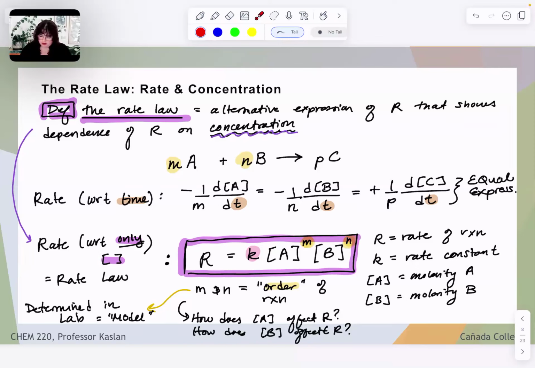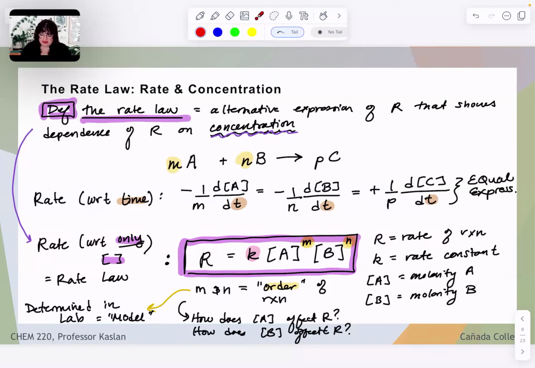So what I want to do is make a conceptual connection between these exponents, these orders, that goes a bit further than just relating them to the stoichiometry of the chemical reaction. Because again, fundamentally, when we're doing any kind of kinetic analysis, we are looking at experimentally driven models that we then work back from.